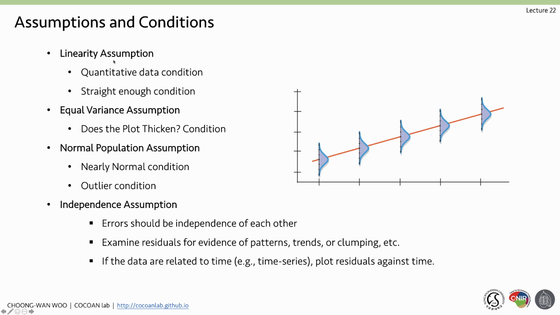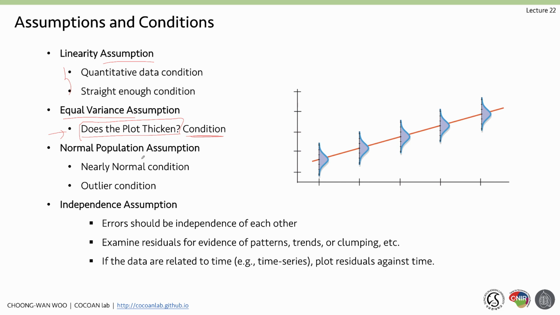For doing this, there are assumptions and conditions. All these are similar to the assumptions and conditions we learned for linear regression. There is the linearity assumption, the equal variance assumption, and we talked about the plot thickens condition, that is, the residual plot.